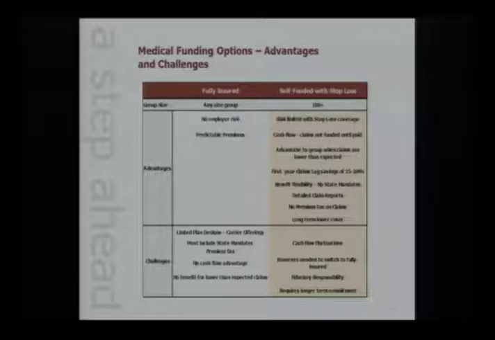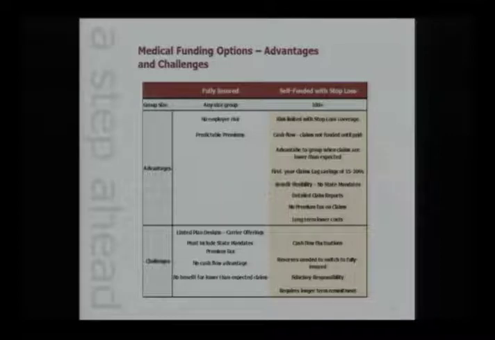You have benefit flexibility. Under a fully insured method, you're limited by some state mandates. With a self-funded method, you have more flexibility in terms of the benefits if you should decide to take advantage of it. You have more detailed claims reports, so you have a better idea of exactly what's going on with your health plan.